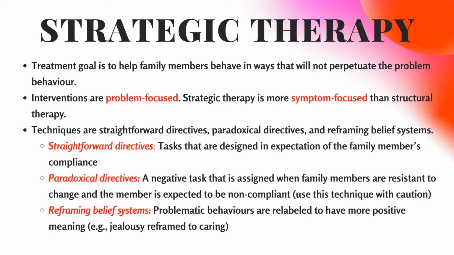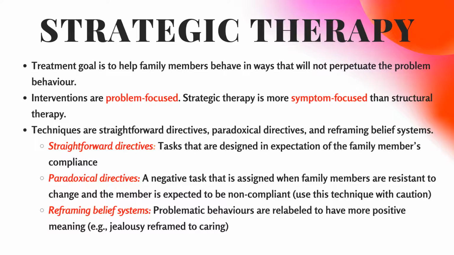And directives are basically when you, as a provider, give the client a task, and they're aimed at changing the family structure. So there are straightforward directives and indirect directives. In straightforward directives, the tasks are designed in expectation of the family member's compliance.